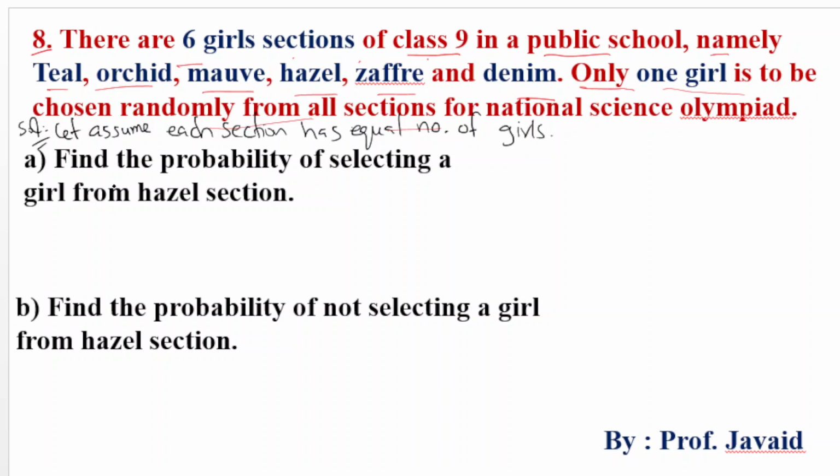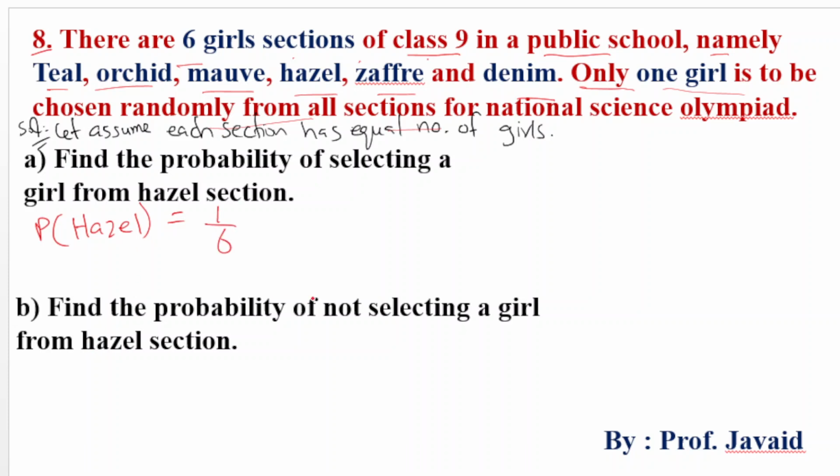Okay, so find the probability of selecting a girl from Hazel section. Simple. So probability of Hazel equals 1 over 6, because it's only one section.